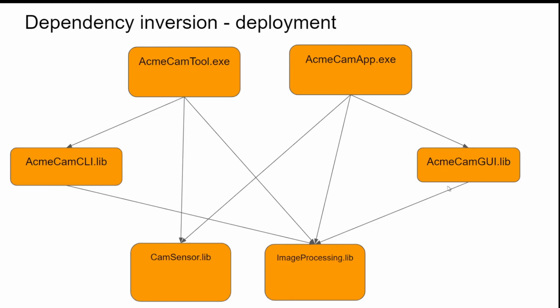Out of these three libraries, two are already shared. So we have two thirds of the code shared by two products. Imagine if you have to fix a bug here in this camera library or in the imaging, then if you fix it here for the UI application, you automatically fix it for the camera tool.